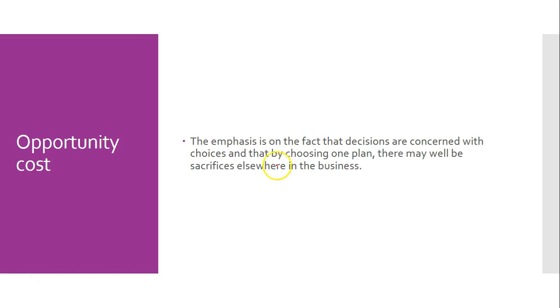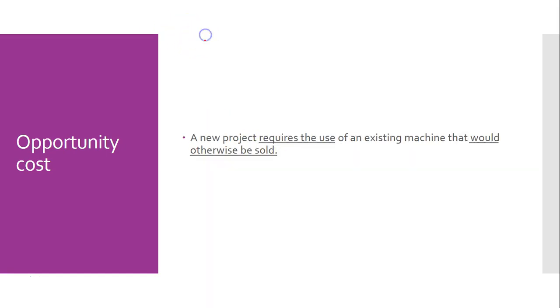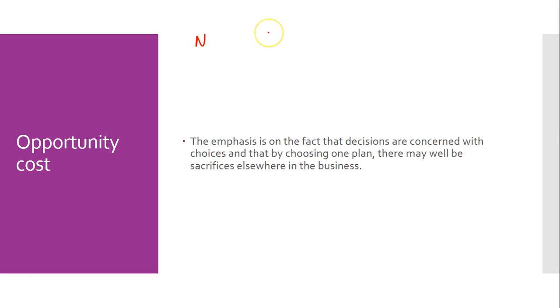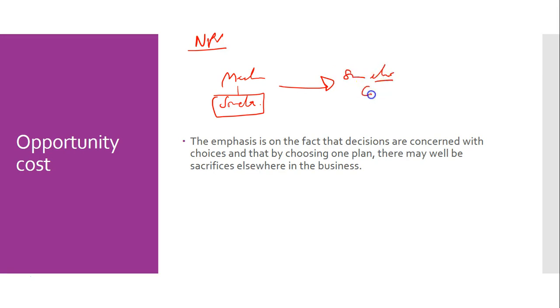So the issue here, if we bring it back to business, I used an example of an NPV calculation, but the same idea applies to a machine. If you have a machine doing something, and then you stop doing that to do something else, there's a cost to doing it.